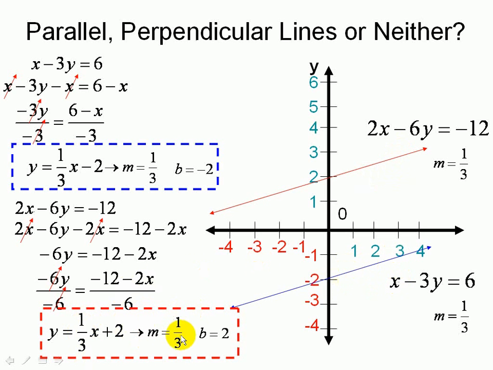Remember, it's the rise over the run, or the change in y over the change in x. So we have a change in y of 1 over a change in x of 3. That's why the slope is 1/3. And we note that these lines are parallel once again, with different y-intercept points. So in summary, when lines have the same slope and different y-intercepts, they are said to be parallel lines.